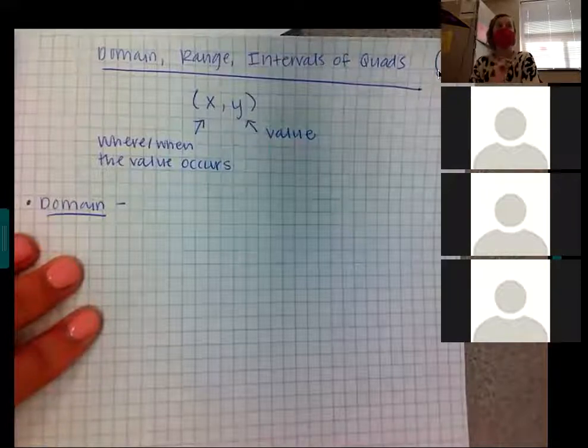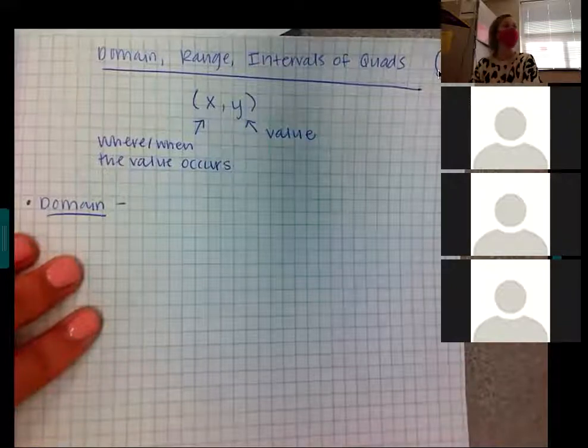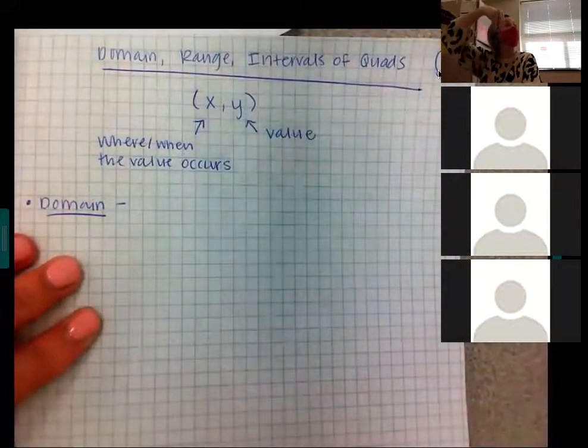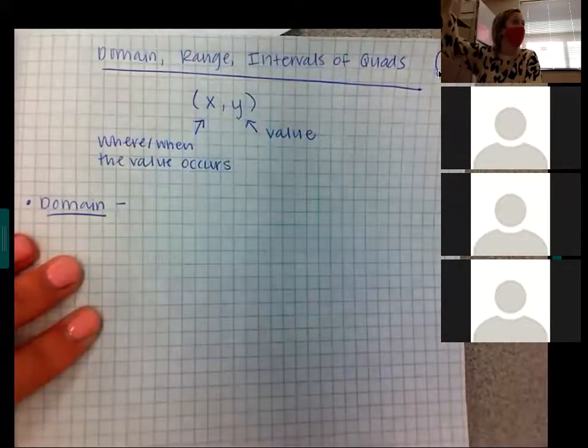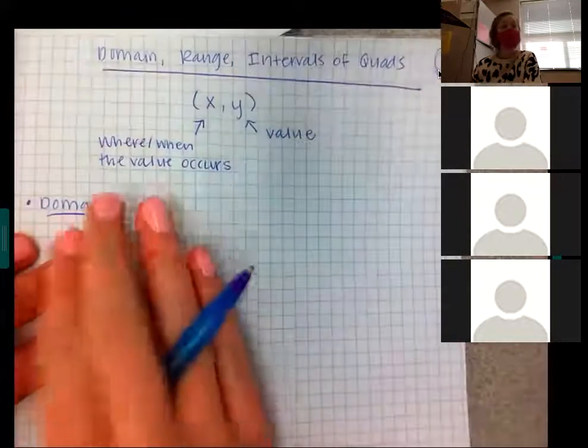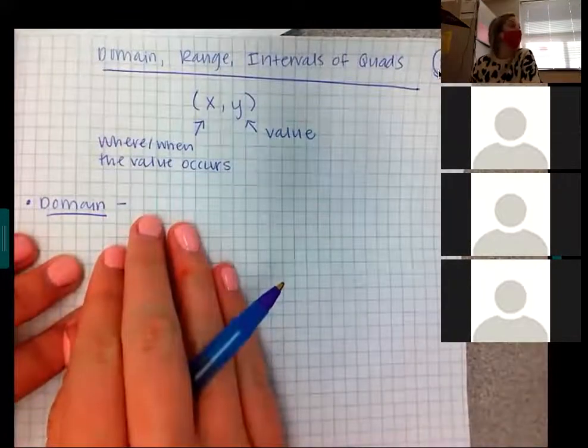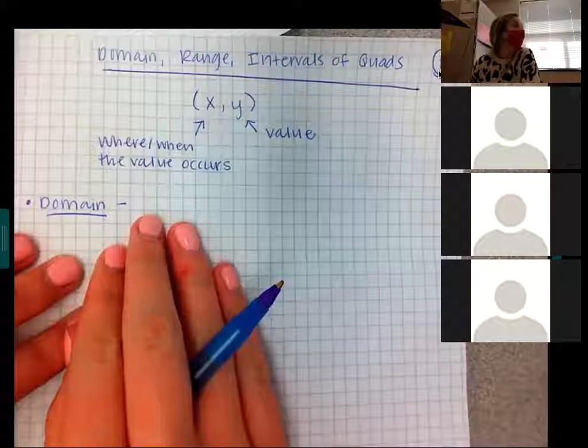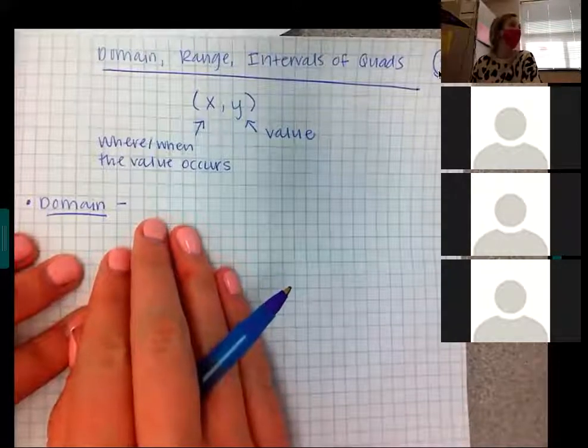Basketball, in my domain. Softball, absolutely not. Your girl played left bench. Terrible. The other two are in my domain, meaning there's something that I belong to, something I was good at. Okay? Same thing with domain and math. You're basically talking about which X values belong on the graph.